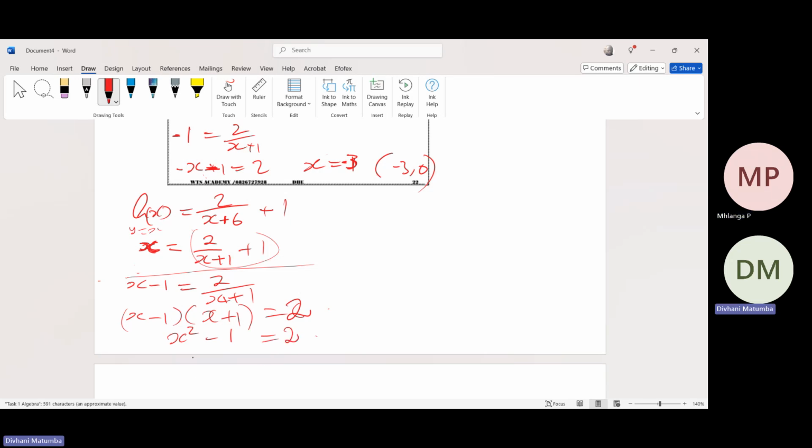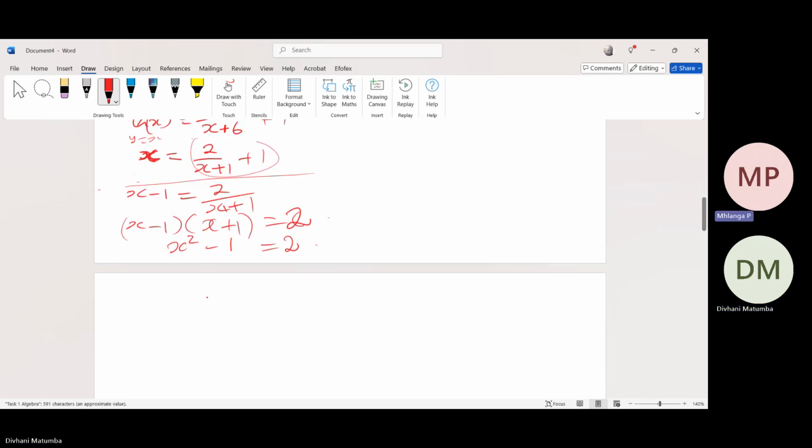Now x squared is equal to 2 plus 1. So x squared will be 3, and x is equal to the square root of 3, which is positive. I agree with that value.